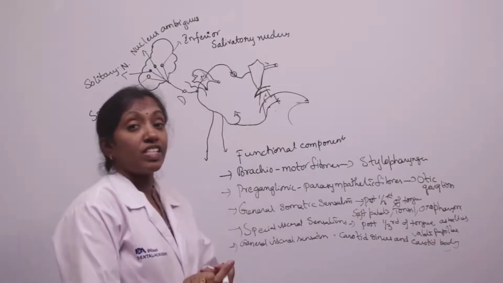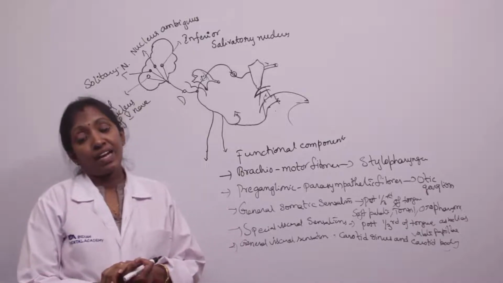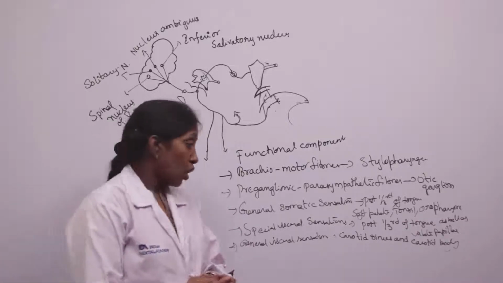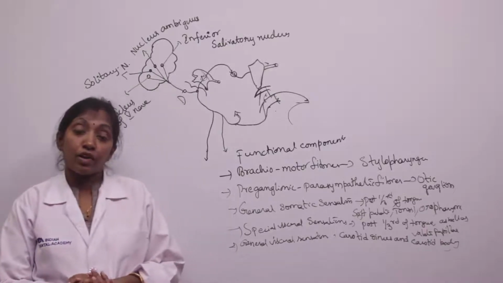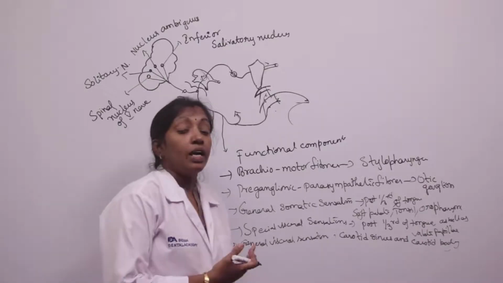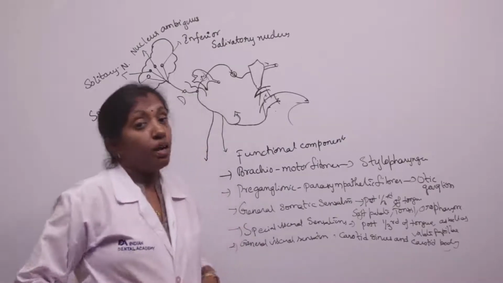Special visceral sensation, the taste sensation, is from the circumvallate papillae as well as the posterior one-third of the tongue. And the general visceral sensations are baroreceptors and chemoreceptors from the carotid sinus as well as the carotid body.